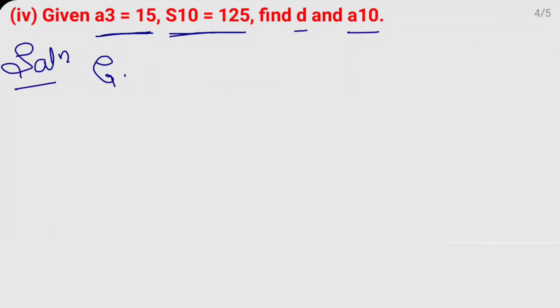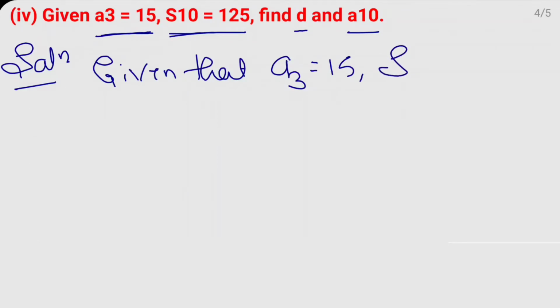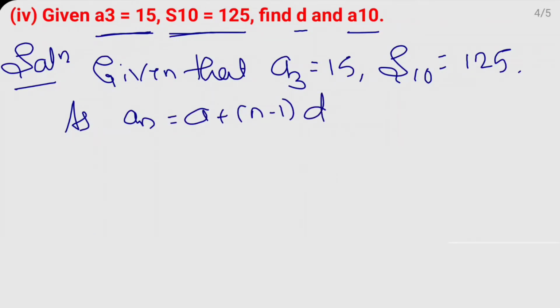Write down given that A3, third term, is 15 and S10, sum of 10 terms, is 125. So here we want to find out common difference and A10, right? So as we know, an equals a plus n minus 1 into d.